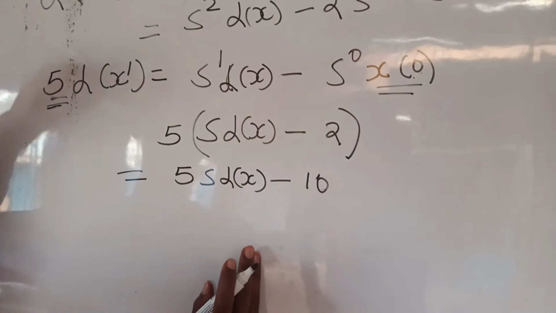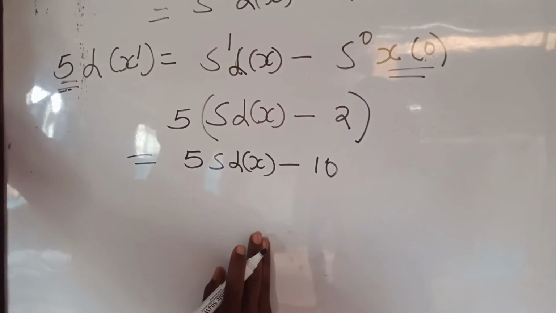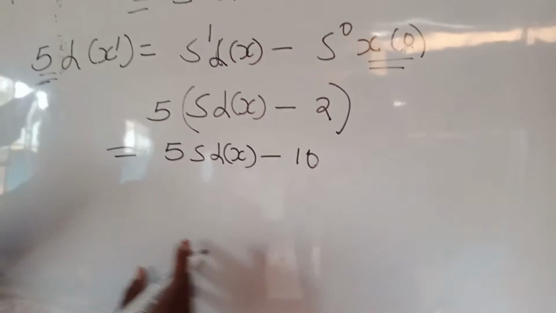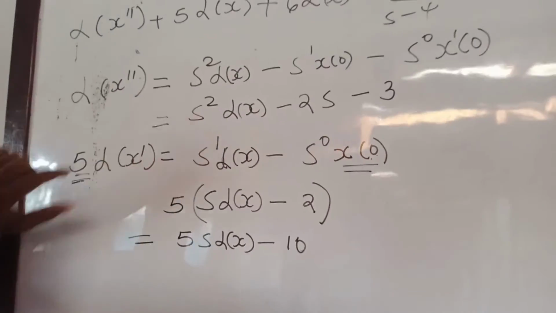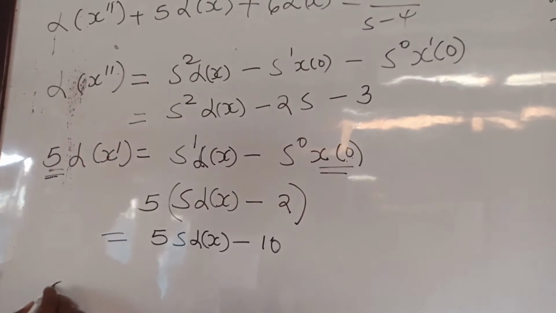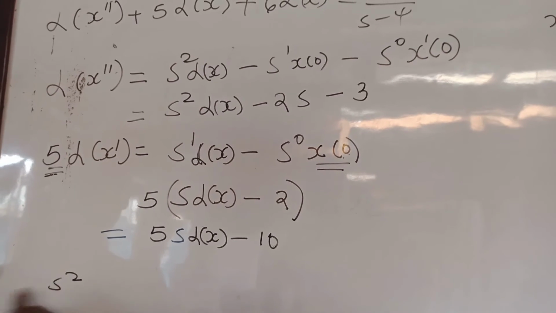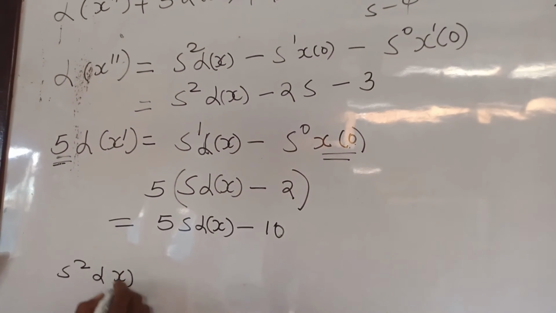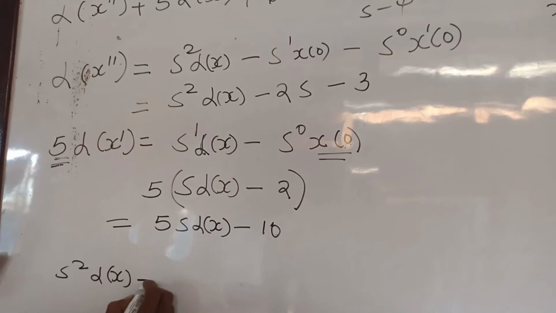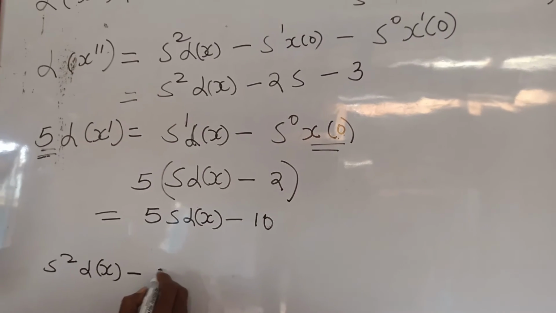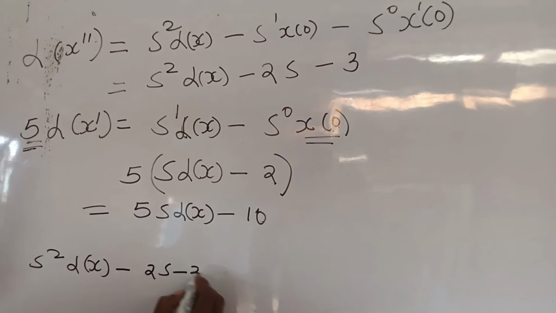Now we rewrite the whole equation, putting all values in consideration. So we have s squared L of x minus 2s minus 3.